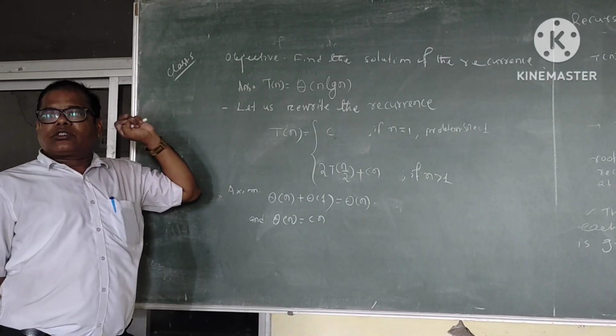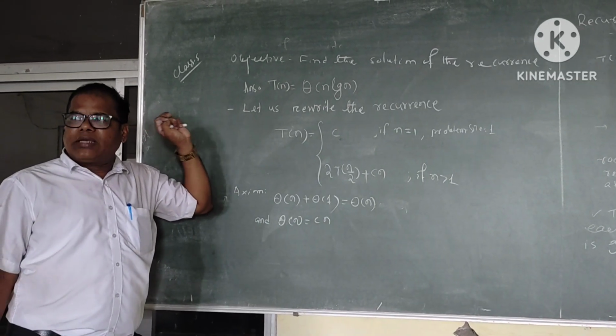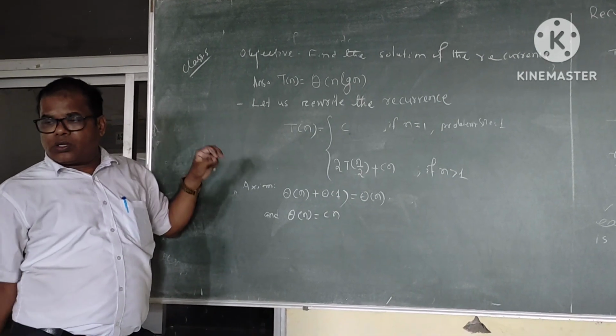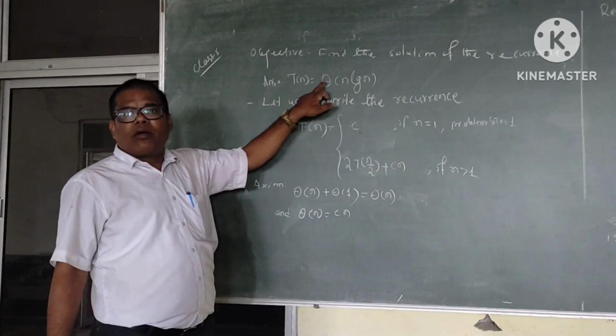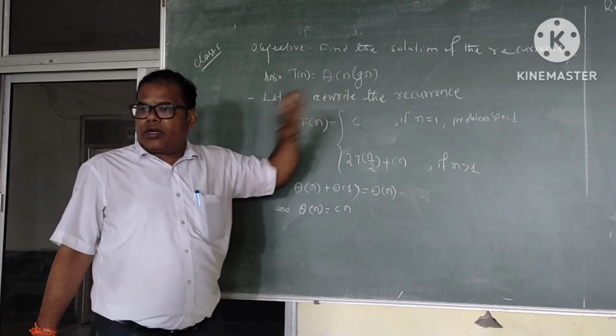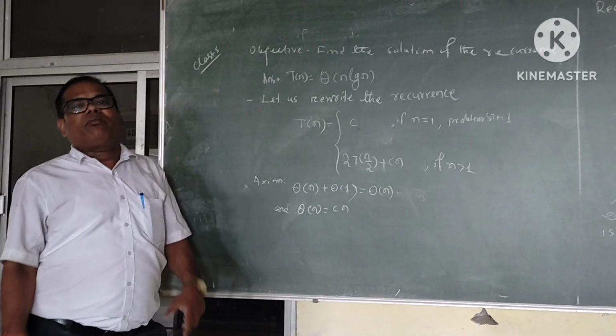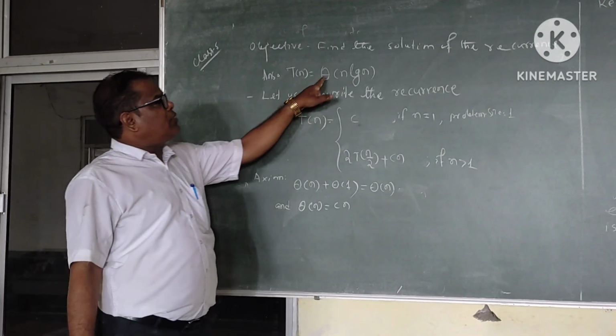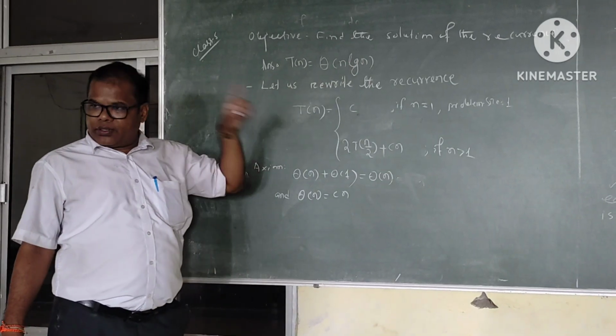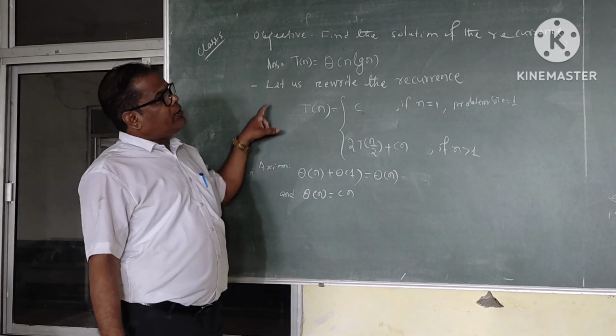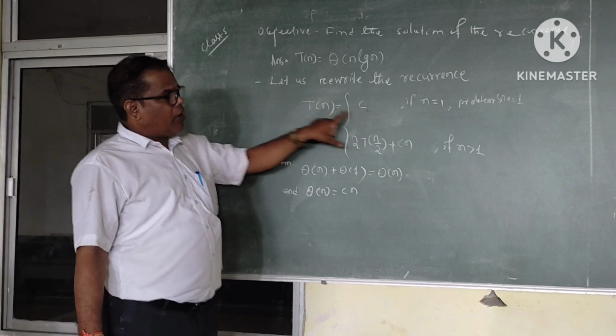If anybody asks you what is the time complexity of merge sort in theta notation, you must say theta n log n. But the question comes to your mind: sir, how will we obtain this theta n log n? For that, we have to rewrite the recurrence equation in this format.